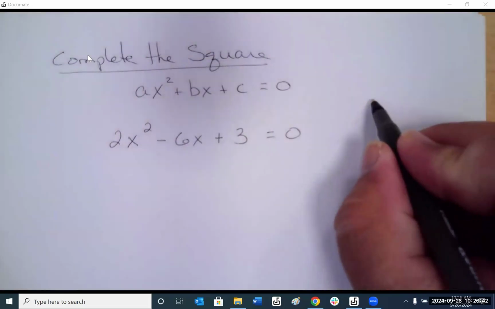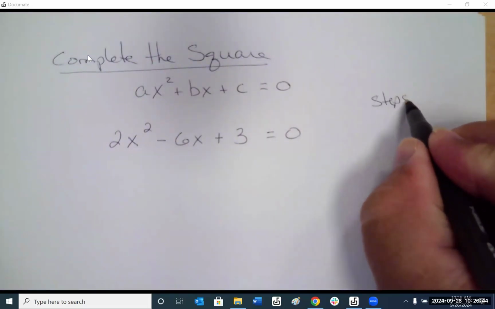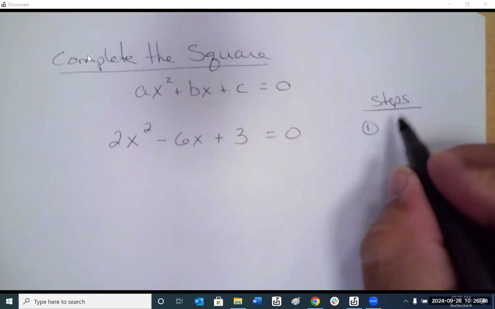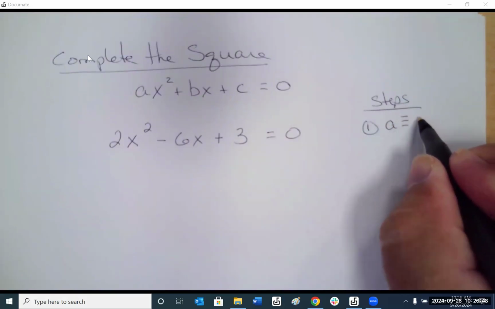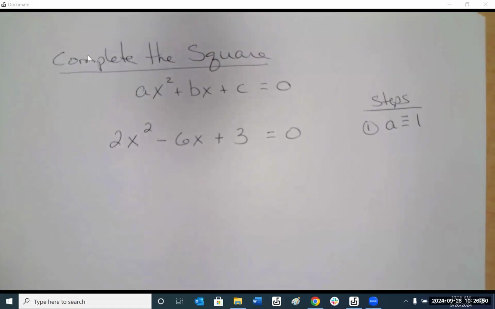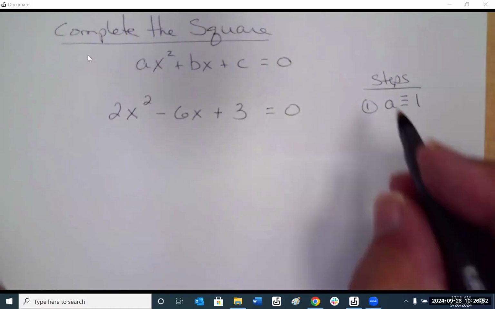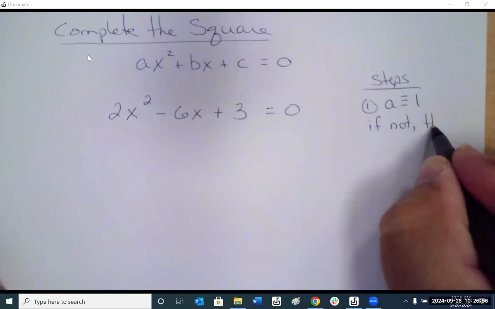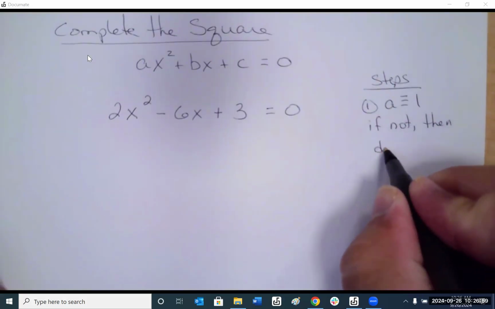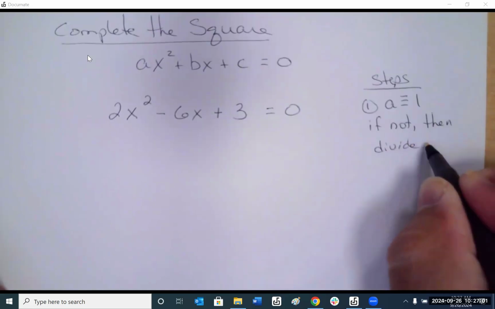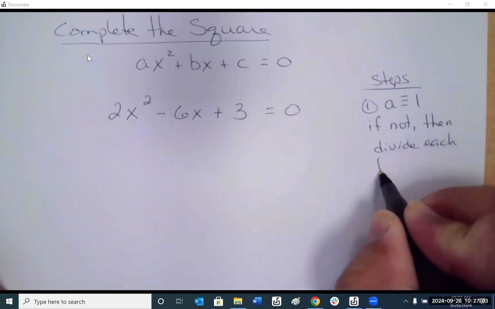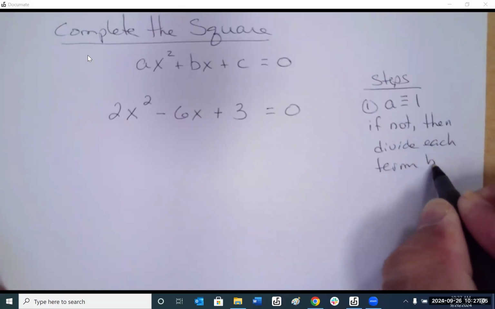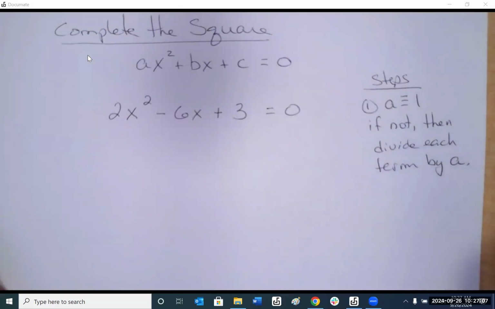Okay, first off, here are your steps. First, a must equal 1. If not, then divide each term by a.